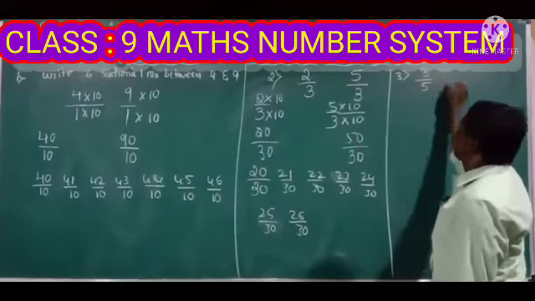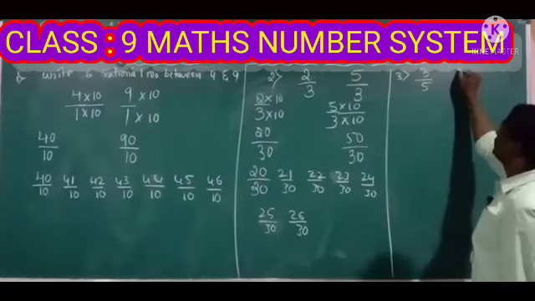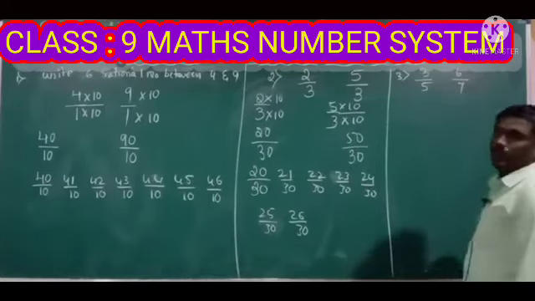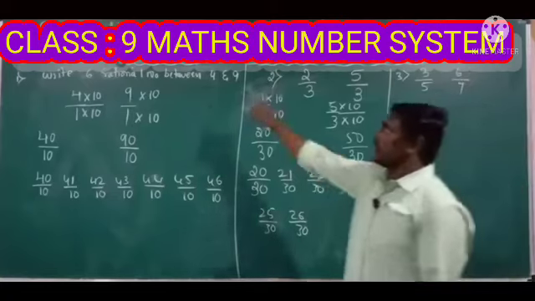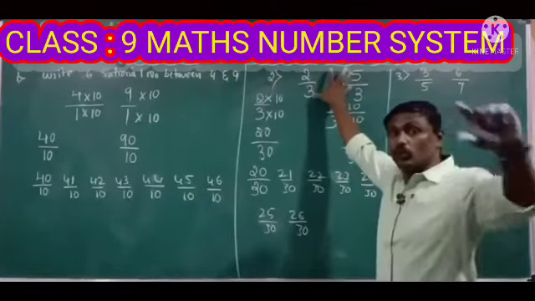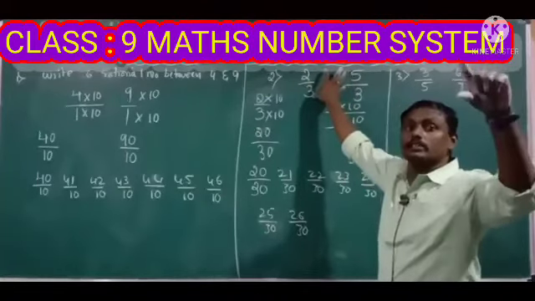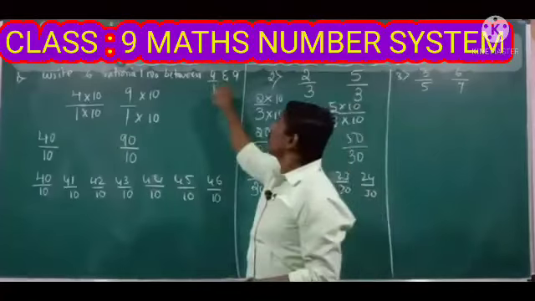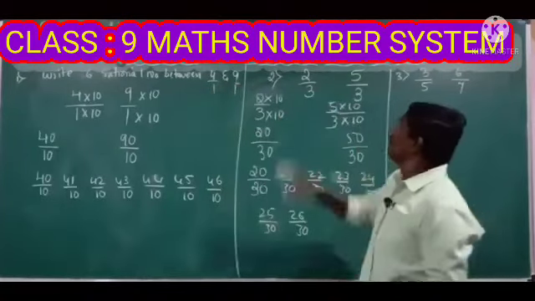3 by 5 and 6 by 7. In the first method I am taking directly two numbers. In the second method I am taking two rational numbers. These two are also rational numbers. The denominators of these two are also 1 and 1, right?